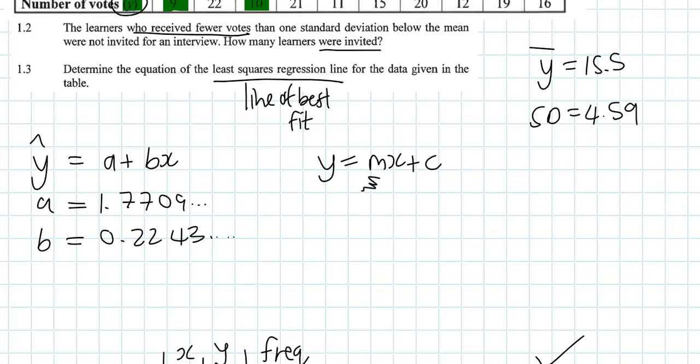So just check your question. They asked for the actual least squares regression line, so your final answer must be written in standard form. It will be 1.77 to 2 decimal places plus 0.22x. This is the final answer for number 1.3.